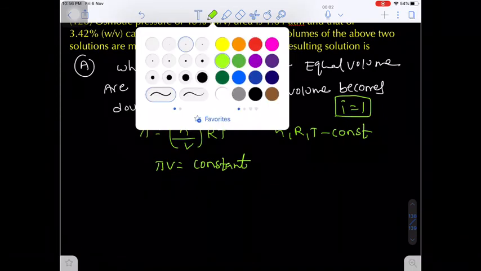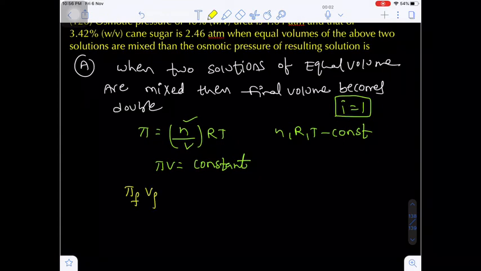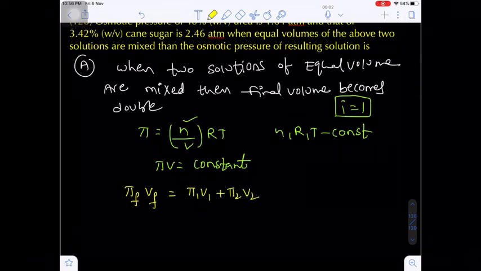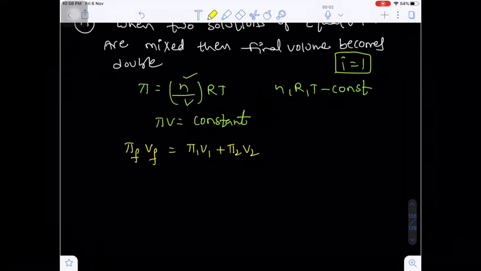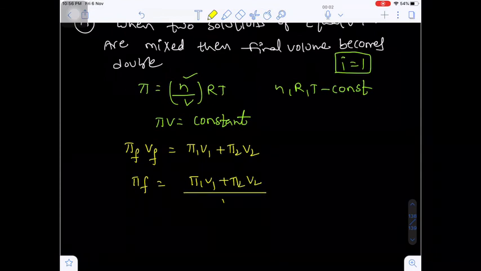Now here what I am writing, the final osmotic pressure and final volume will be equal to pi1 V1 plus pi2 V2. Yes or no? Now final osmotic pressure will be equal to (pi1 V1 plus pi2 V2) by V final.